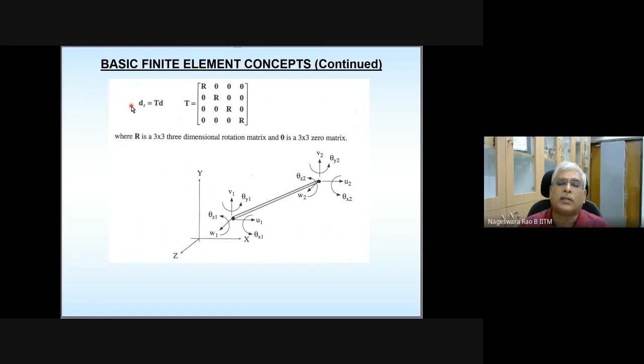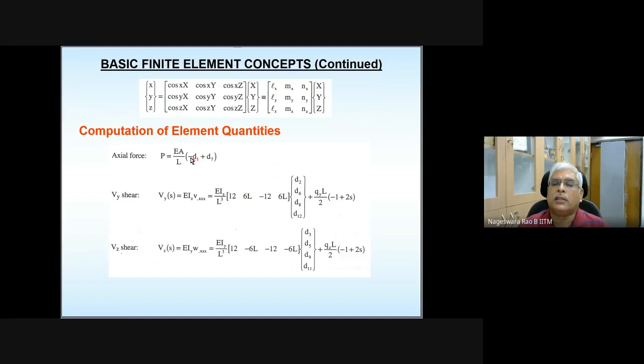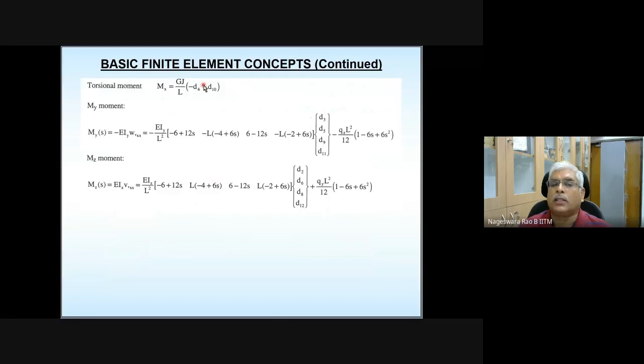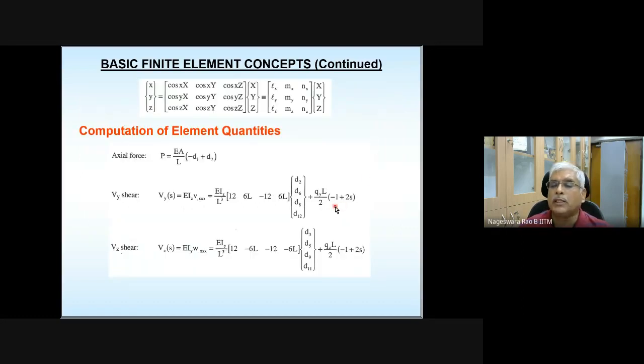Once you have the local degrees of freedom, you can calculate all the quantities: axial forces, shear, because this is a space frame, shear about the y-axis, shear about the z-axis, torsional moment about the x-axis, and moments, and the corresponding fixed end corrections you need to apply for moments as well as shear wherever applicable.